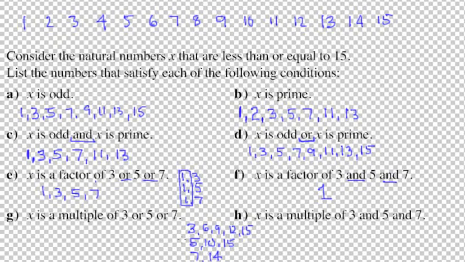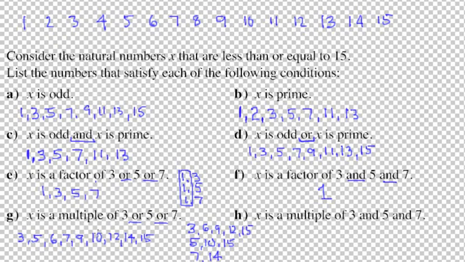So if you're a multiple of 3 or 5 or 7, that means any one of these is enough. So we'd get a list that goes 3, 5, 6, 7, 9, 10, 12, trying to keep these in order, 14, 15, that should be all of them.